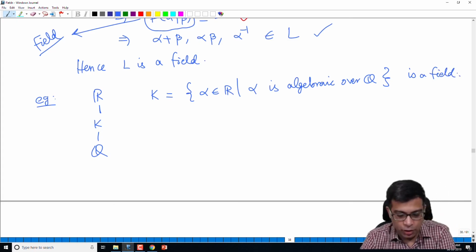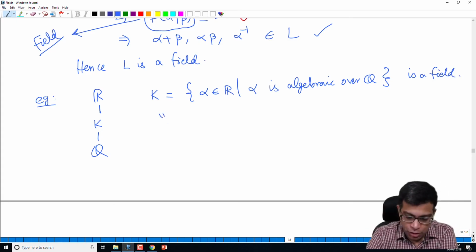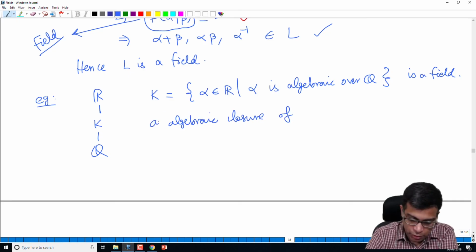So this is what we call an algebraic closure of Q. This is something I will mention later, just terminology I am giving now.